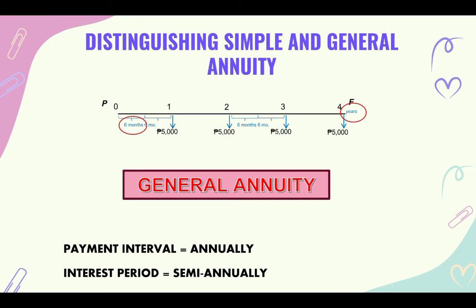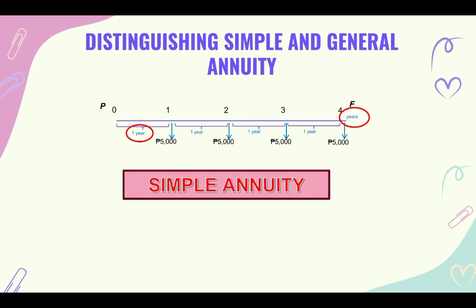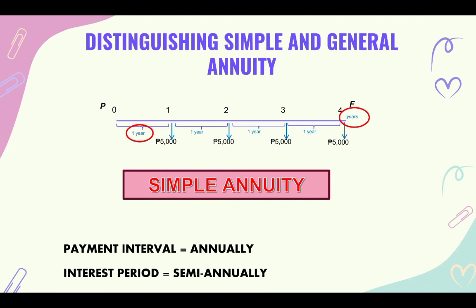They are different, so it is a general annuity. What about this illustration? They have the same. It is a simple annuity because the payment interval and the interest period are the same.